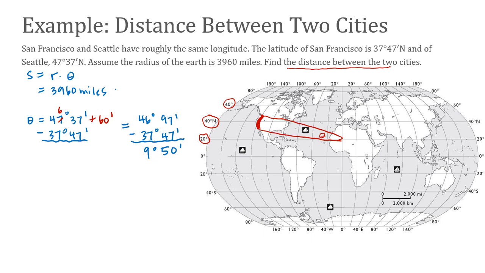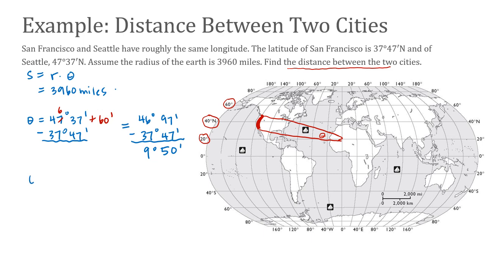I cannot use that number as theta, however, because in the arc length formula, theta has to be in radians. So what should I do? Well, I know how to convert degrees and minutes into degrees, and I know how to convert degrees to radians. So I've got a couple more steps, but I can do it.